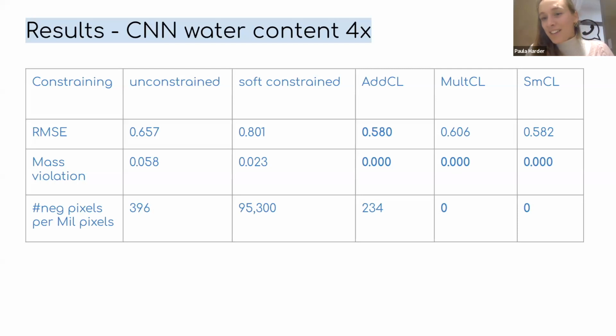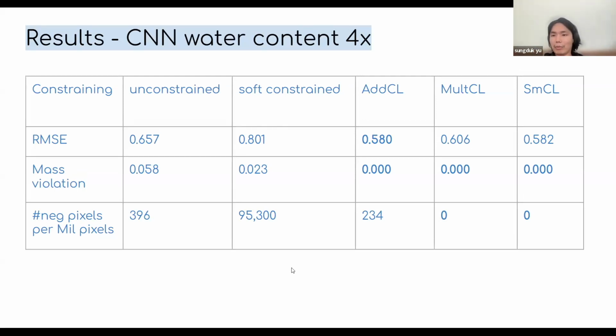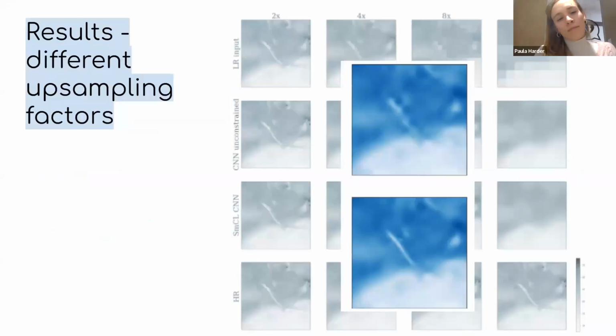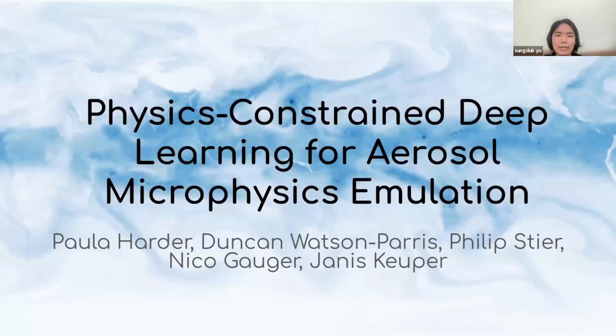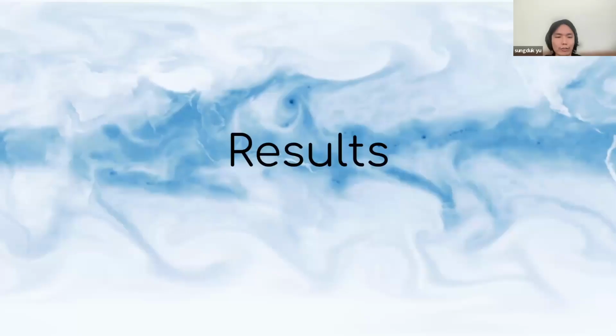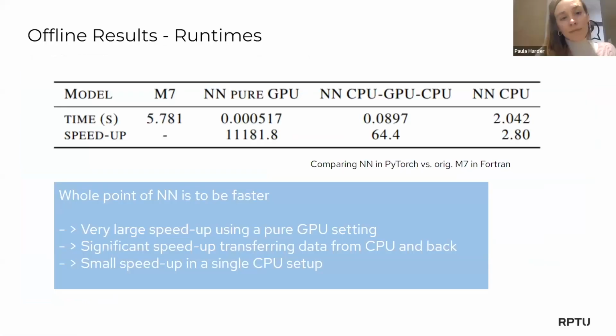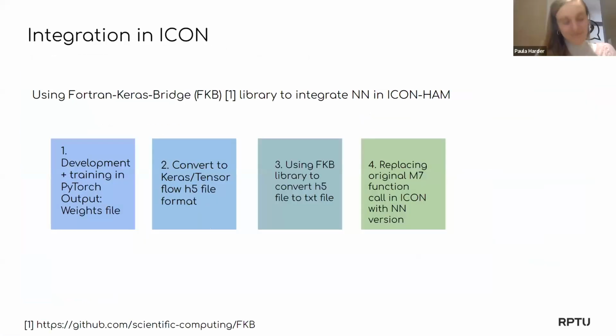Okay, I think there's another question. Sungrit, please unmute yourself and ask the question. Hi, Paula. It's a really interesting talk. I have a question about the second part, aerosol emulation. You used FKB to implement the emulator in the ICON module, and you experienced some instability like crashing.